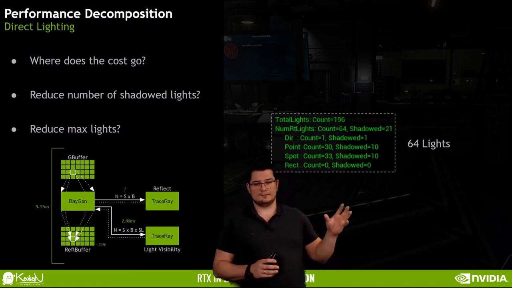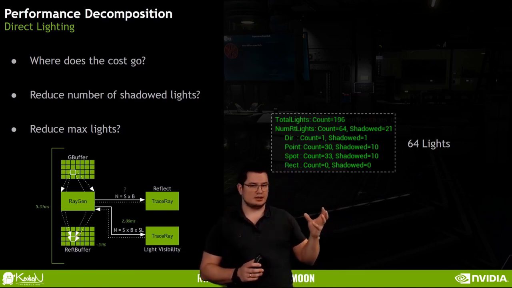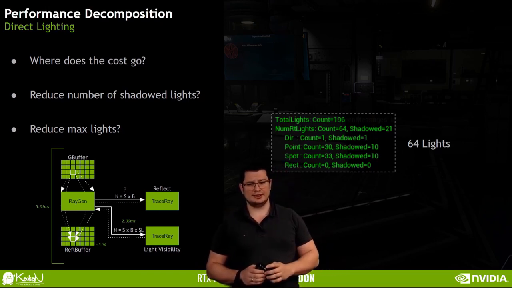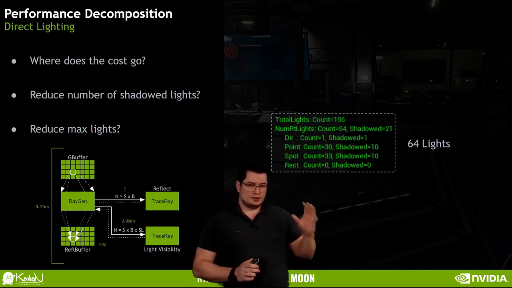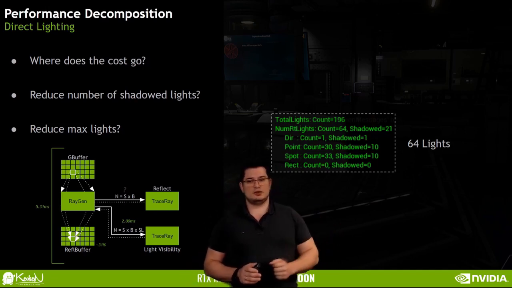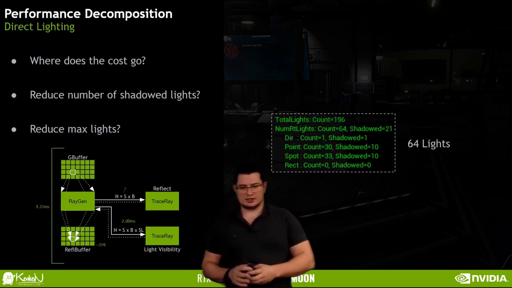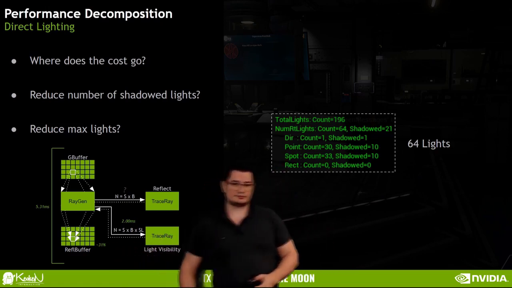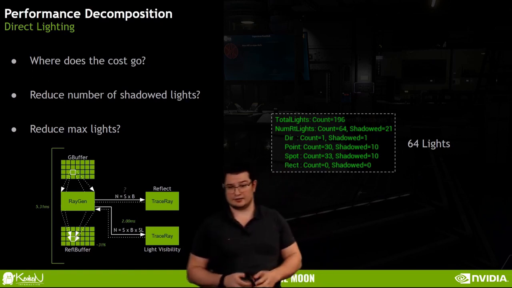However, the ray trace lights support only 64 lights at this moment in Unreal Engine 4.23. And out of those 64 lights, we have 21 shadowed lights. Those shadowed lights are actually responsible for creating those ray casts, which obviously are not free.